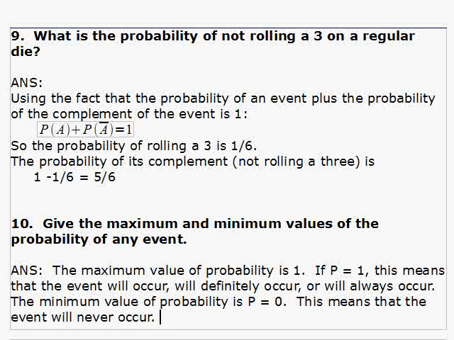If the probability is 1, it means it will always occur. For example, if you're rolling dice, the probability that some number will show up is 1. There will be some number. A specific number will have a probability between 1 and 0.